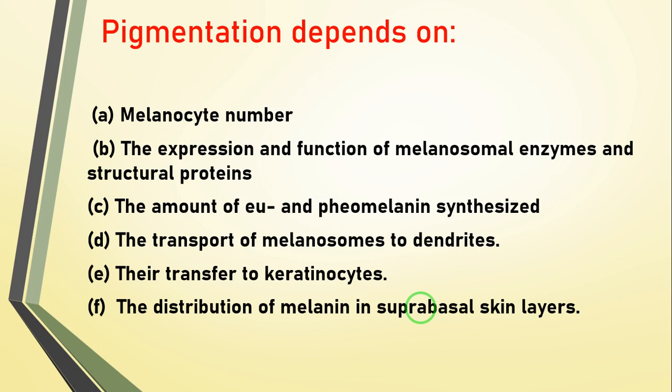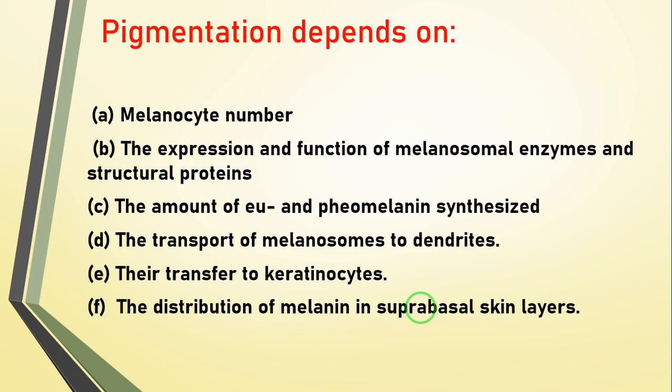The expression of these genes and the products of these proteins, whether they are enzymes or structural proteins, all will play a role in the pigmentation in that person. Also, the amount of the pigment or the type of the pigment, both the eumelanin and the pheomelanin. The relative ratio of the eumelanin and the pheomelanin also plays an important role.